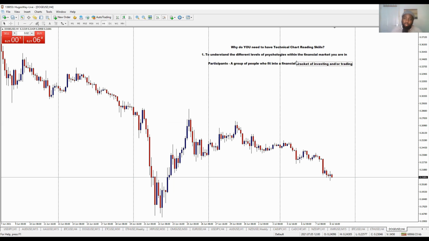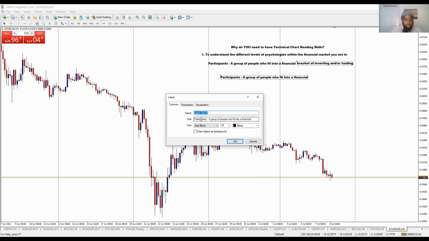So a market participant, for example, we have the main levels that most of us should know. Okay. Now, the most obvious one, okay, is the retail trader. Okay. So retail trader. Okay. Or retail. So retail trader is, I would say, 95% of the people who participate in the markets.